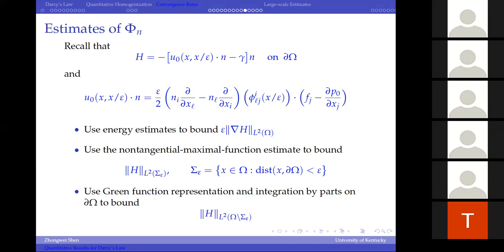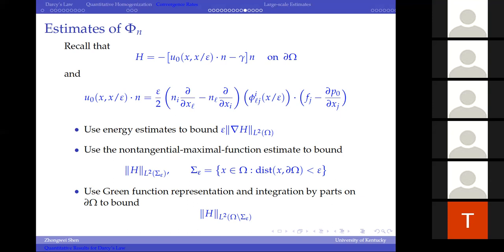So you do an integration by parts on the boundary of the domain. And that's where the rate is coming from. So we use this observation to handle the part of capital H away from the boundary of omega.